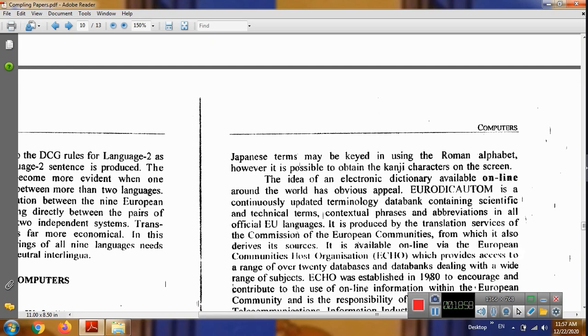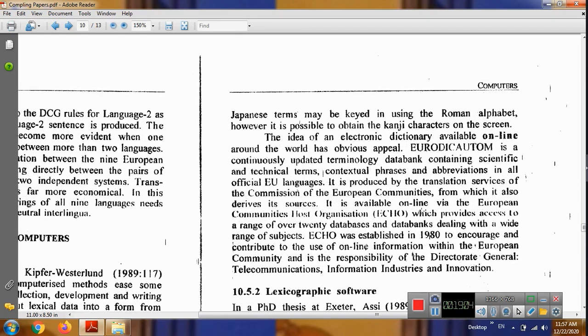It is available online via the European Communities Host Organization, or ECHO, which provides access to over 20 databases and data banks dealing with a wide range of subjects.